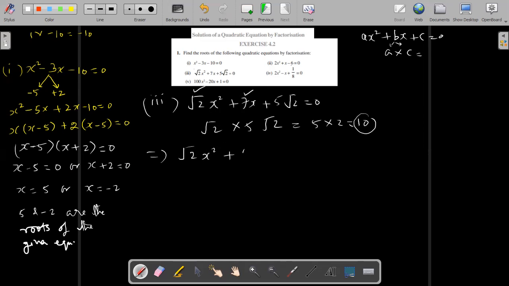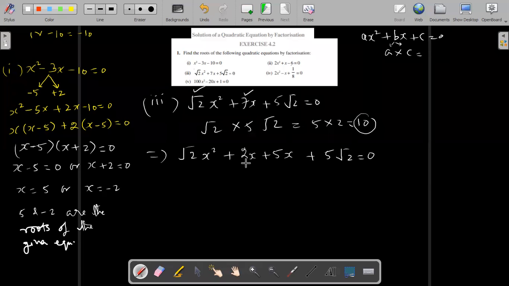We will split into 5x, or we can write first 2x, that doesn't matter. So it will become 2x plus 5x plus 5 root 2 is equal to 0.